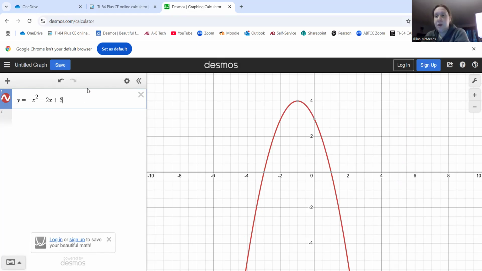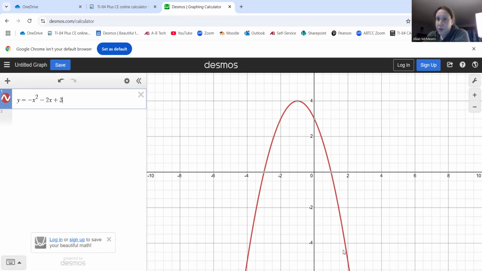You can see that this one definitely opens down. We had that our x-intercepts were -3 and 1. Well, look at that. We have an x-intercept of -3, 0 and an x-intercept of 1, 0. We also found that the y-intercept was 3, so the point 0, 3. And we weren't asked for it yet, but the vertex right here is the point -1, 4.